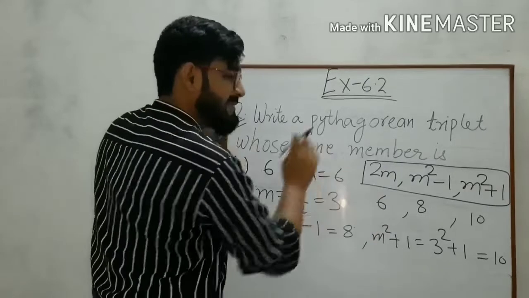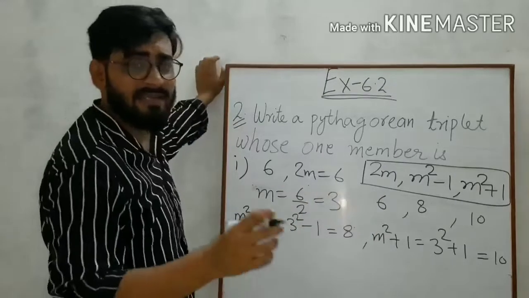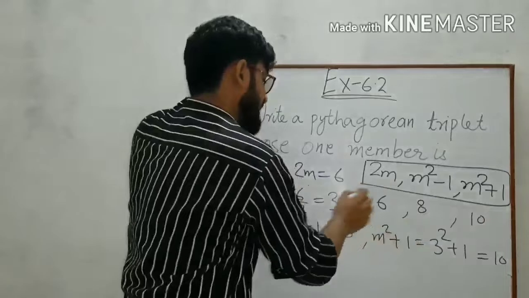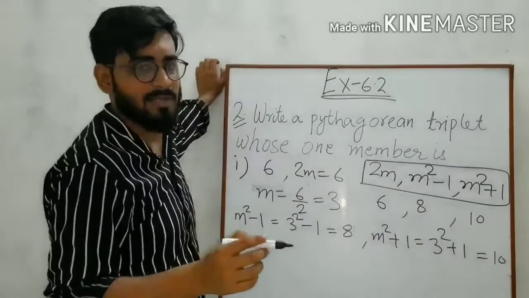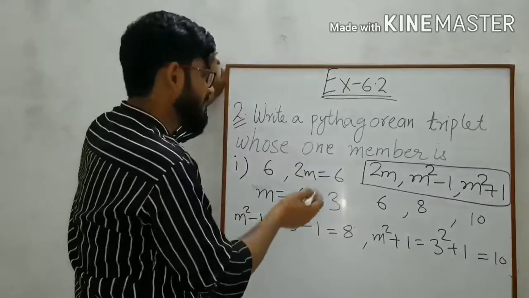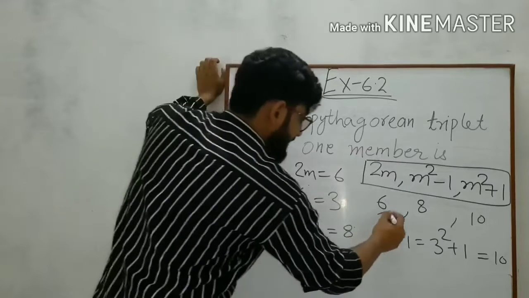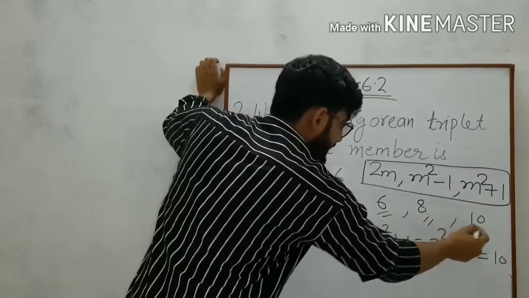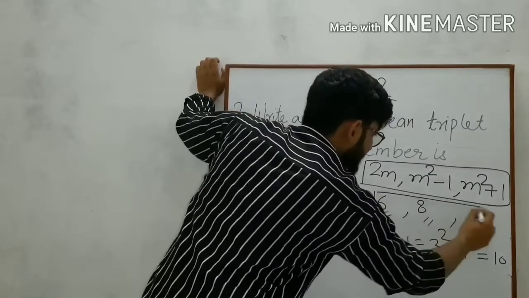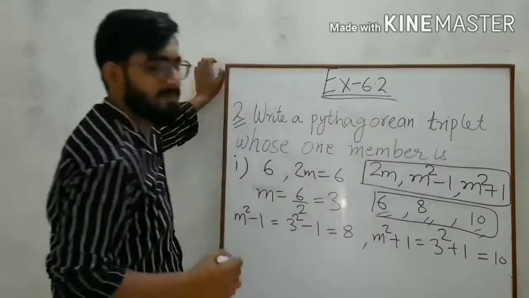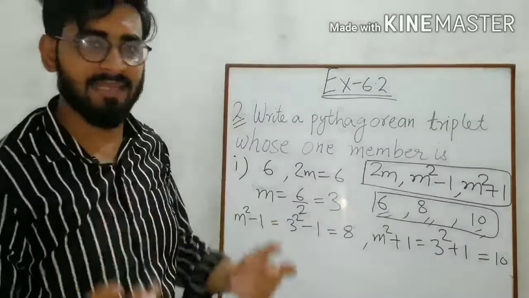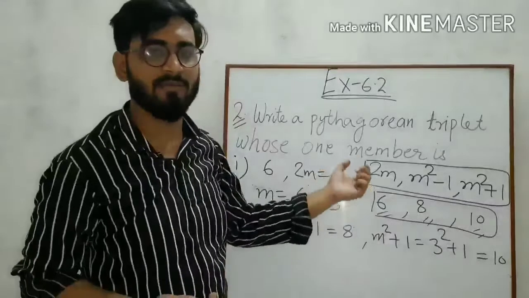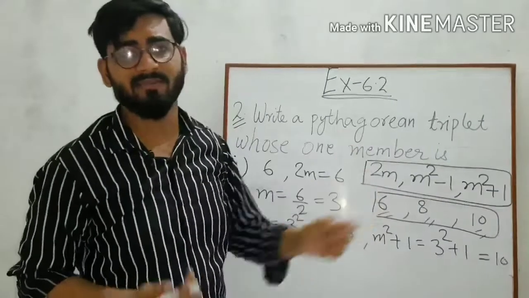By applying this general form and finding the value of m, you find the other two members also. Any problem? So what are the three members of the Pythagorean triplet now? 6 is given and you have found 8 and 10. So these three are the members of the Pythagorean triplet, 6, 8 and 10. Now if you add the squares of 6 and 8, you will get the square of 10.